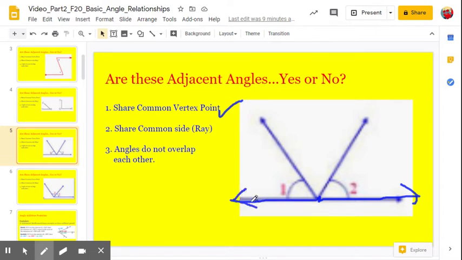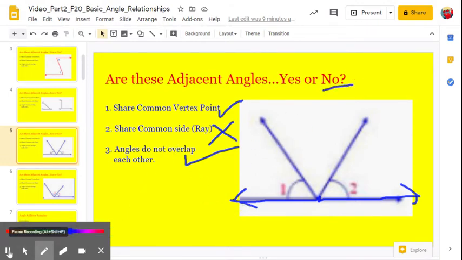That's not a common side. And then these two rays are obviously not common. So this one is no good. Do the angles overlap? No, they don't overlap. In other words, there's no interior points in angle 1 here that are also in part of angle 2 and vice versa. So the reason why these are not adjacent is because they don't have a common side.